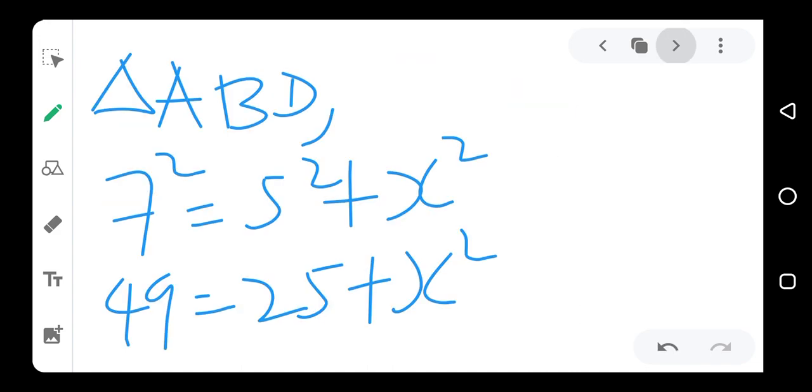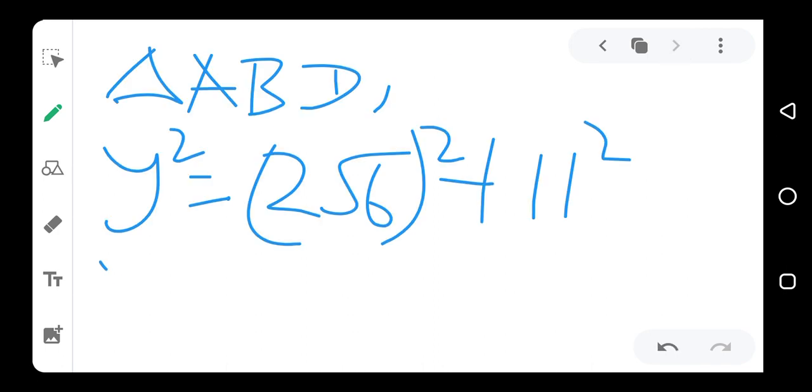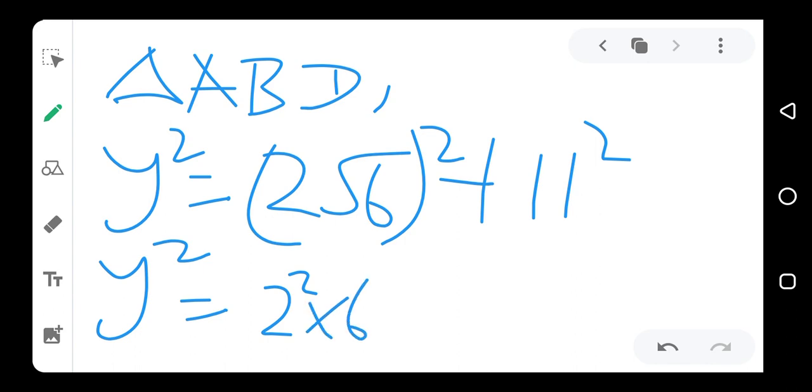So that is now going to give us y squared is equal to 2 root 6 squared, which is the same thing as 2 squared times 6, according to what I explained before. So that is the same thing as 4 times 6, which is 24.